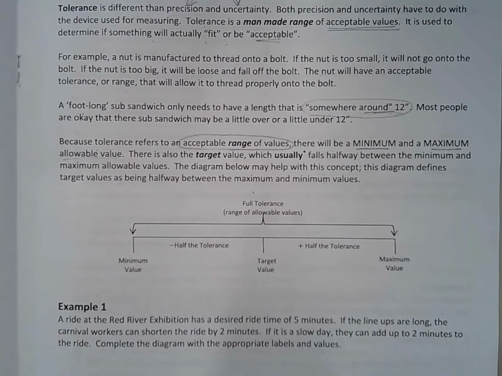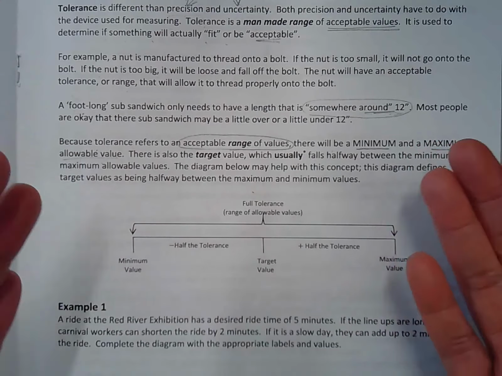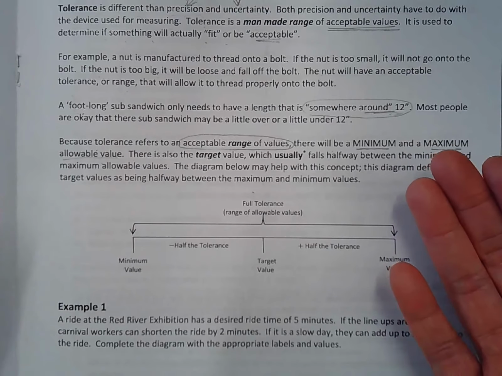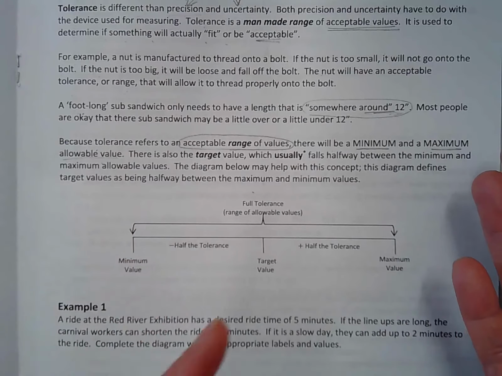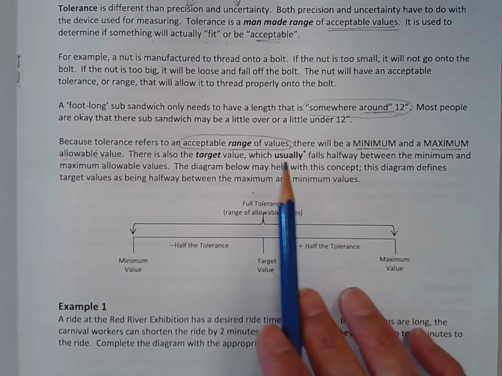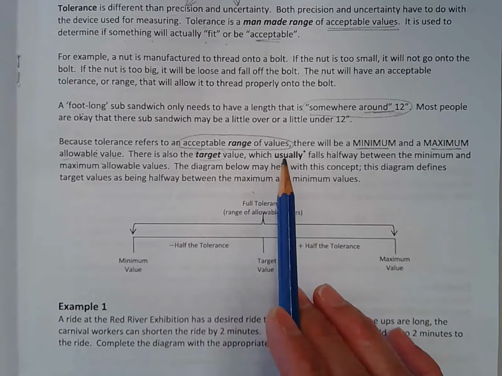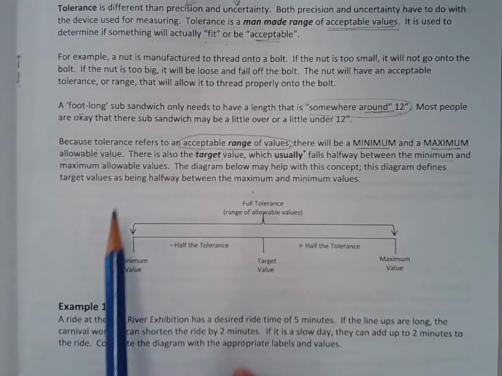So what we want it to be, like what we want our foot-long sub to be, 12 inches, but it might be a little bit less or a little bit more, but our main target is 12 inches. So a target value usually falls between the minimum and maximum values.